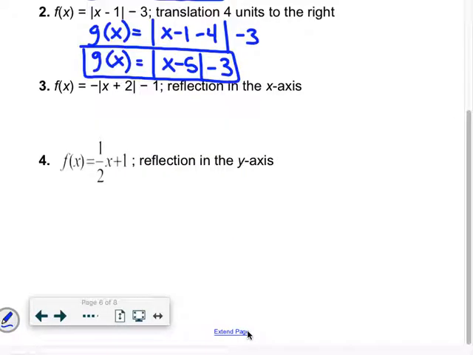Okay, now real quick, I want to just discuss the reflection in the x-axis versus reflection in the y-axis. Where does the negative go if you're reflecting in the x-axis? Outside. So this would just be g of x equals negative, and then you've got to reflect the whole thing here. So it would be negative absolute value of x plus 2 minus 1.